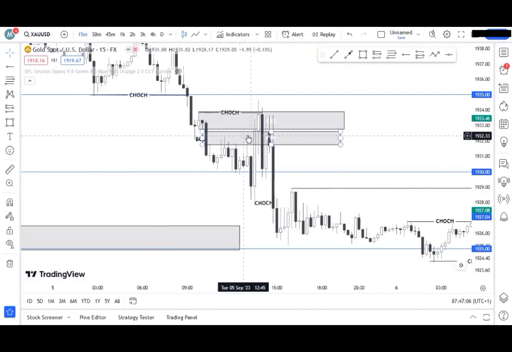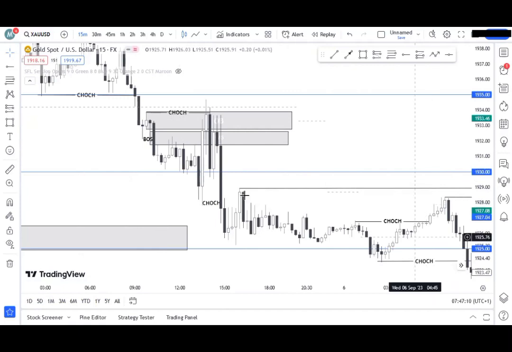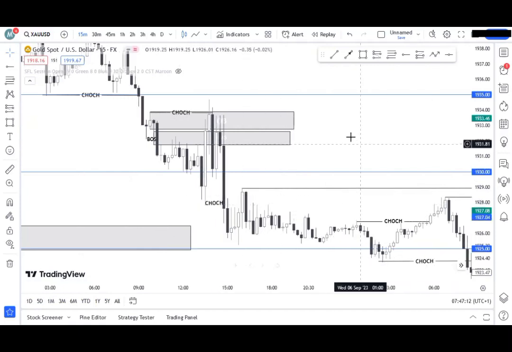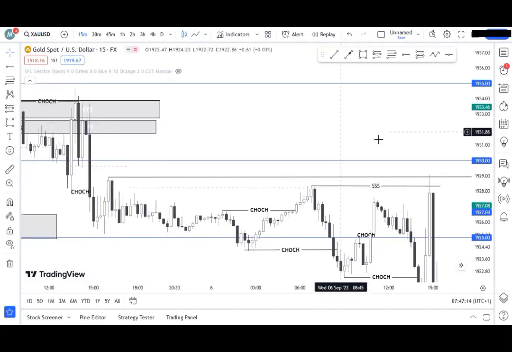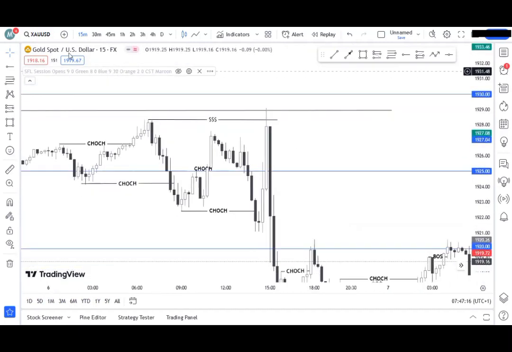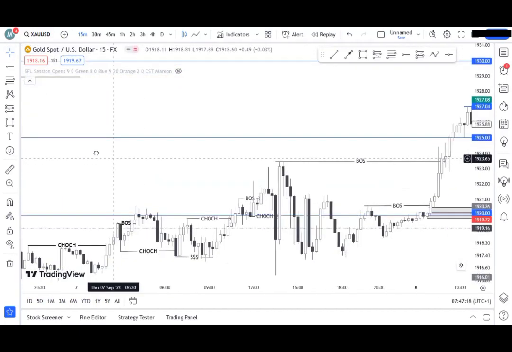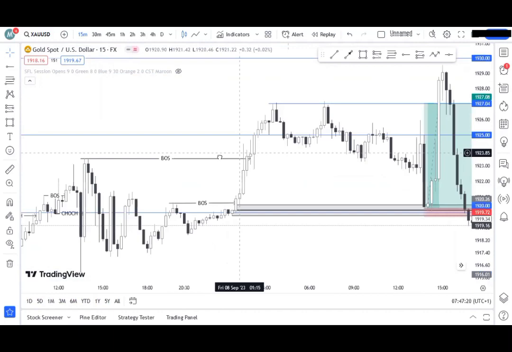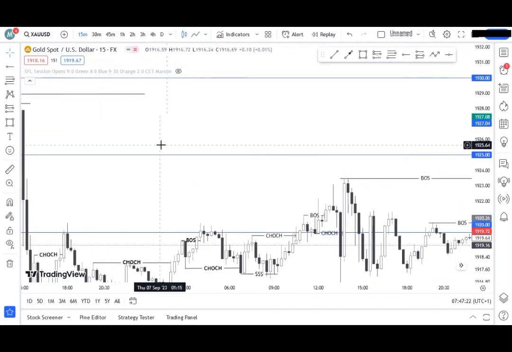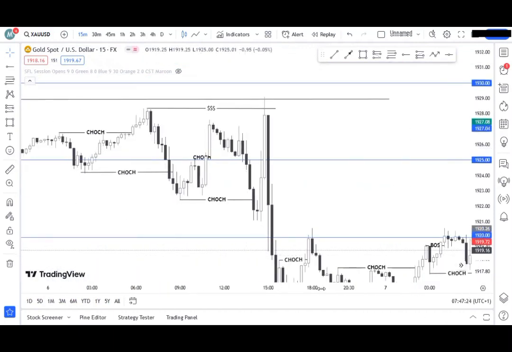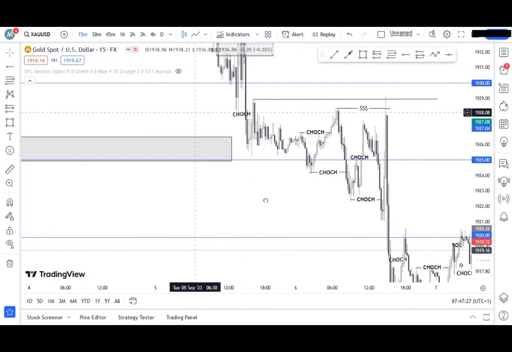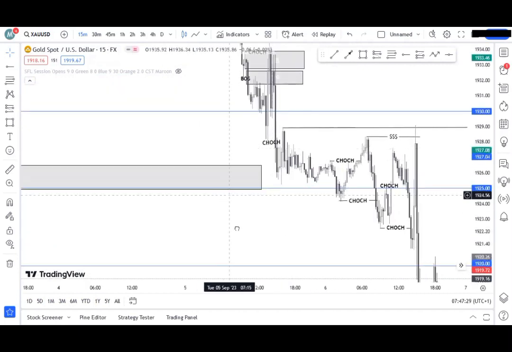So it's not 100% on analysis. Like if you see the loss we took on this gold here, we recovered it on this trade. And where is it? This one, this particular one. Just need to know that market will always present us with an opportunity.